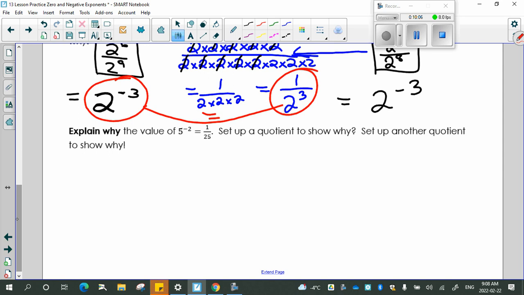Okay, let's just do one here, we won't set up another quotient for time's sake, but one that would show that 5 to the negative 2 is 1 over 25. So I want something that when I simplify it, it's going to give me 5 to the negative 2, using the division rule for powers with the same base.